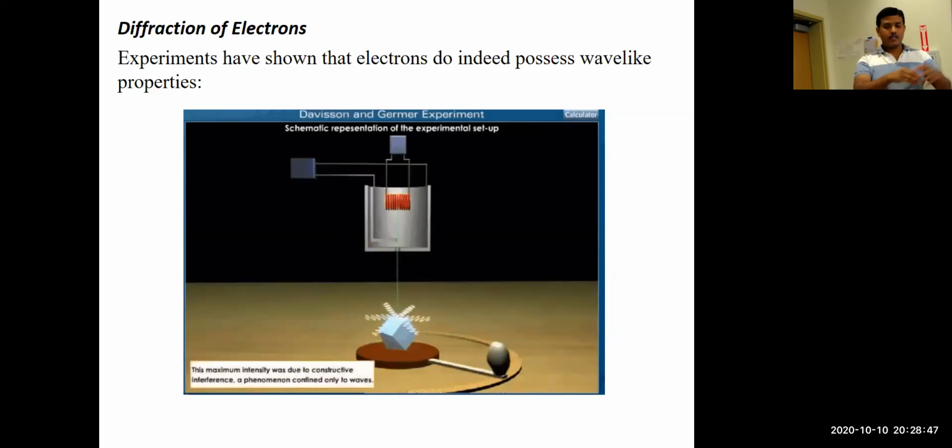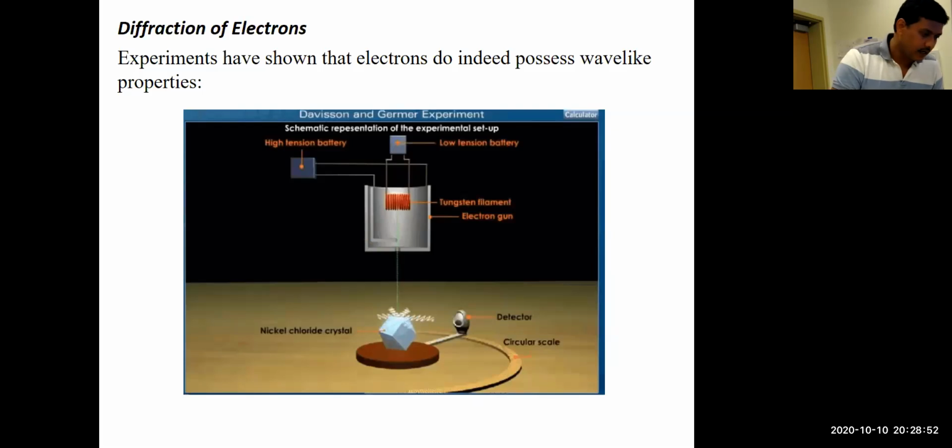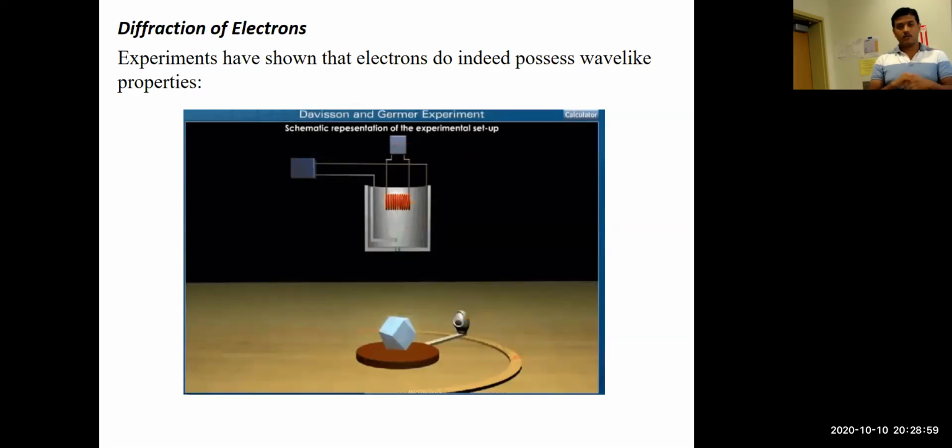This is the experiment set up by, let's see their names again, Clinton Davisson and Lester Germer. Those two professors, in around the 1920s or 1930s, set up this experiment where they have a high voltage station connected to a tungsten filament, and they supply lots of energy to it, so it started emitting electrons at a high speed.